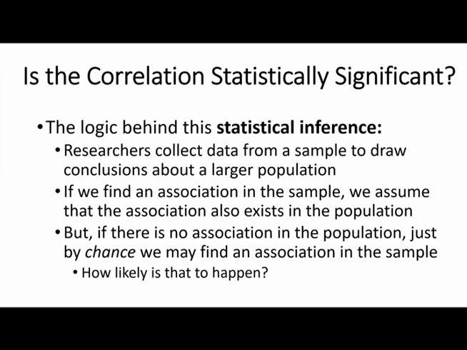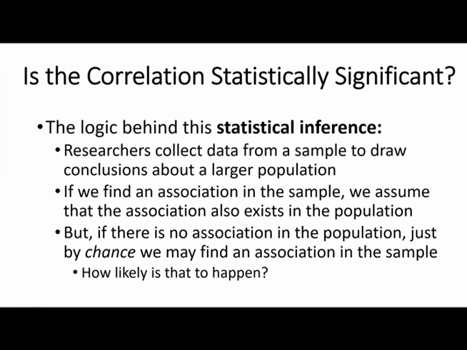in that original population. And so when we're looking at statistical significance, we're asking how likely is it to find that association if the population that we're pulling from doesn't have anything going on, if there's no association in that larger population.